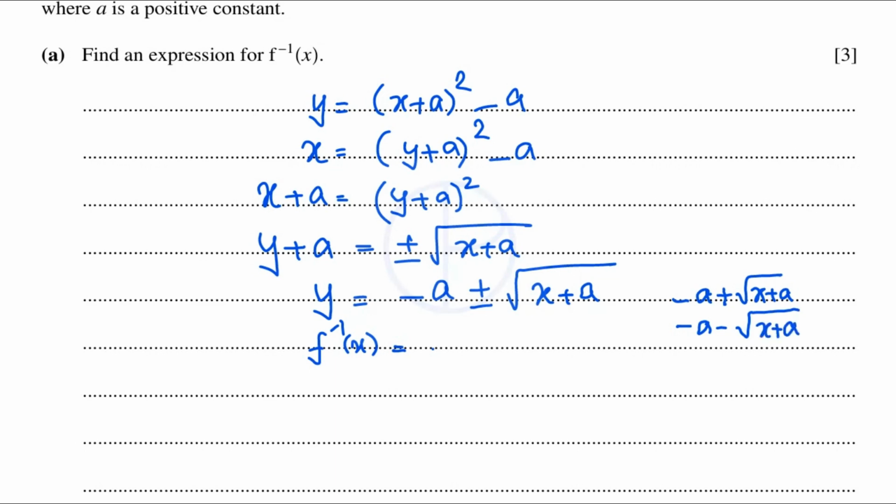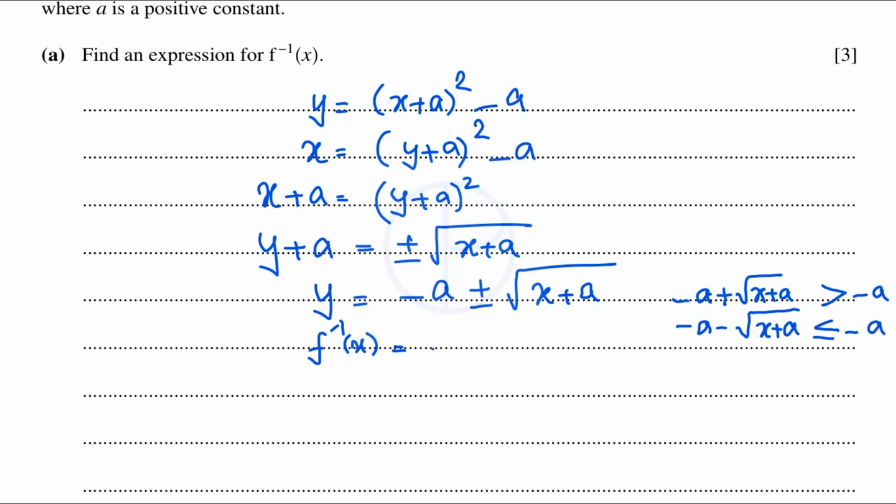The first value, minus a plus some value, will definitely give a value greater than negative a. Okay, so for the next value, minus a minus some value, you are subtracting some value from minus a, so it will give a value less than or equal to minus a.